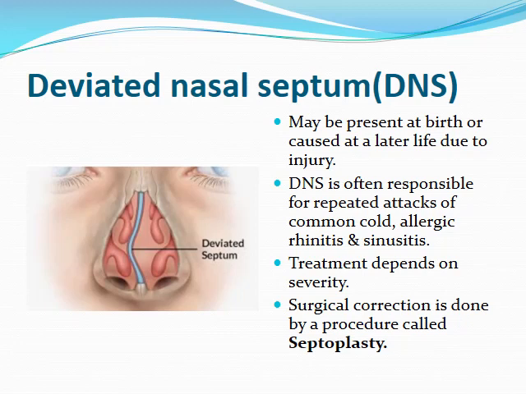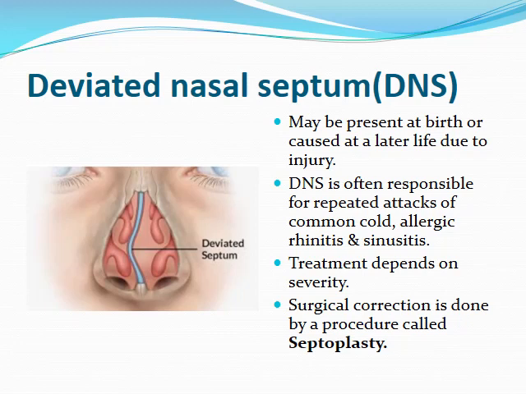There is a condition called deviated nasal septum or DNS. As you can see in the picture, in this condition, the nasal septum, which divides the nasal cavity into right and left halves, is deviated to one side, and this DNS may be present at birth or it may be caused at a later stage due to injury to the nose.